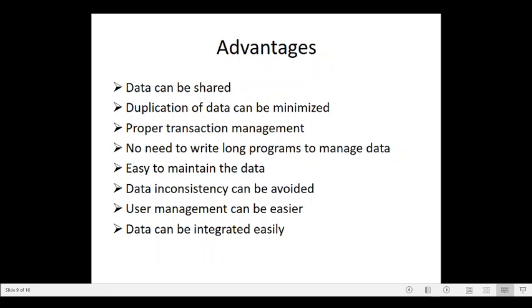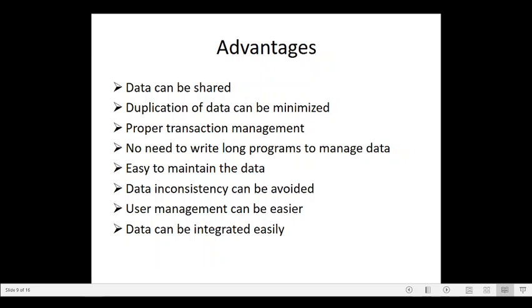So there is no need to write long programs to manage the data. And it is also easy to manage the data and maintain the data in the database management system, as DBMS is using structured query language.